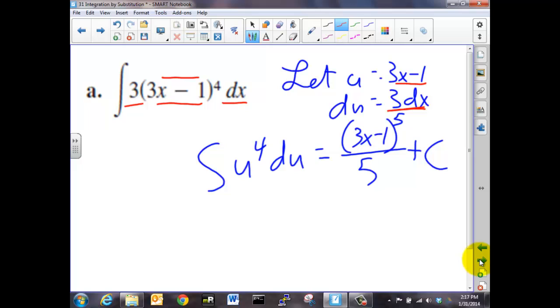So suddenly we can simply plug in u in place of 3x minus 1, and in place of 3dx, we can plug in du, and the function integrates to be u to the 5th over 5. We have to plug our x's back in and get (3x minus 1) to the 5th over 5. Any questions there?